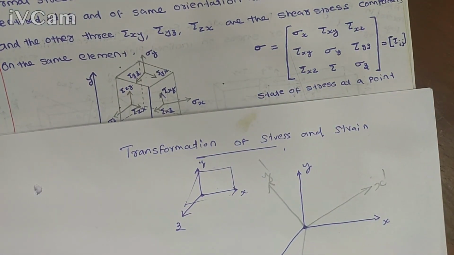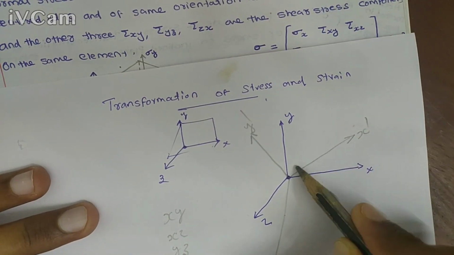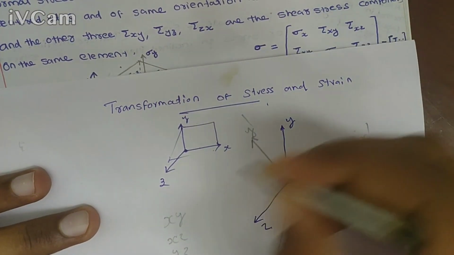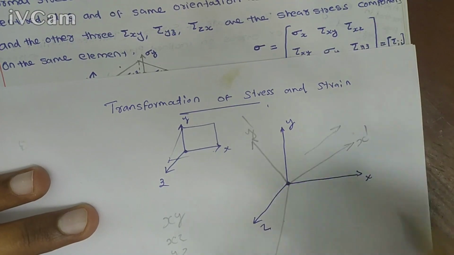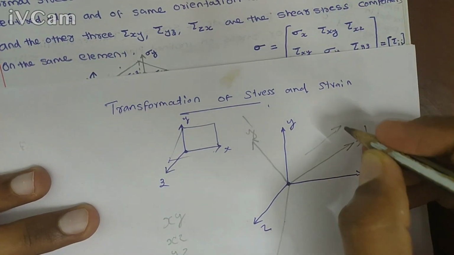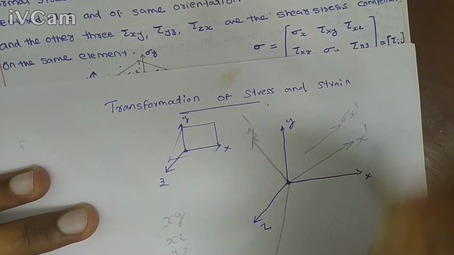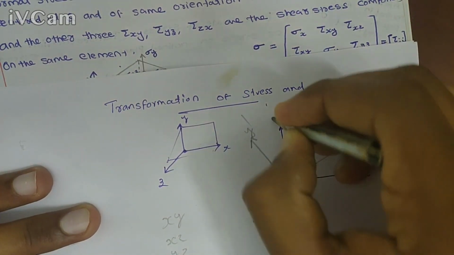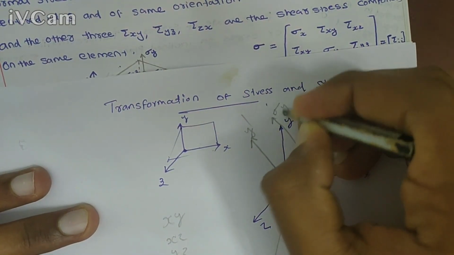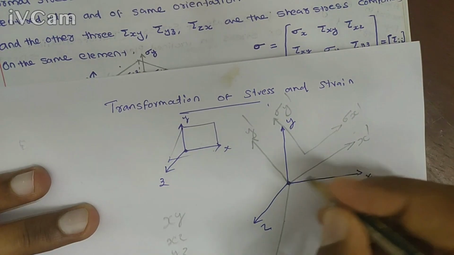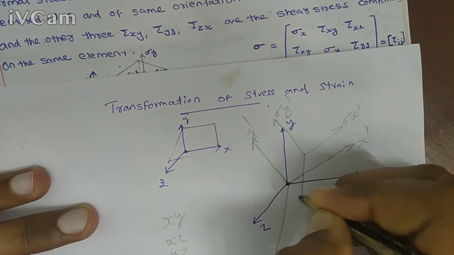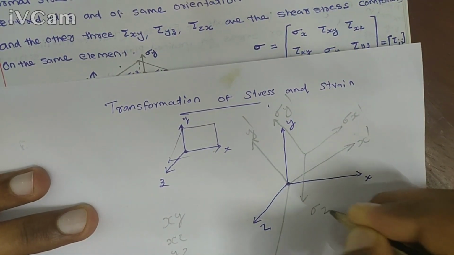We are going to calculate the change in these stress components acting along these axes. Maybe the normal stress sigma x dash is acting in this direction, sigma y dash is acting in this direction, and sigma z dash is acting in this direction.